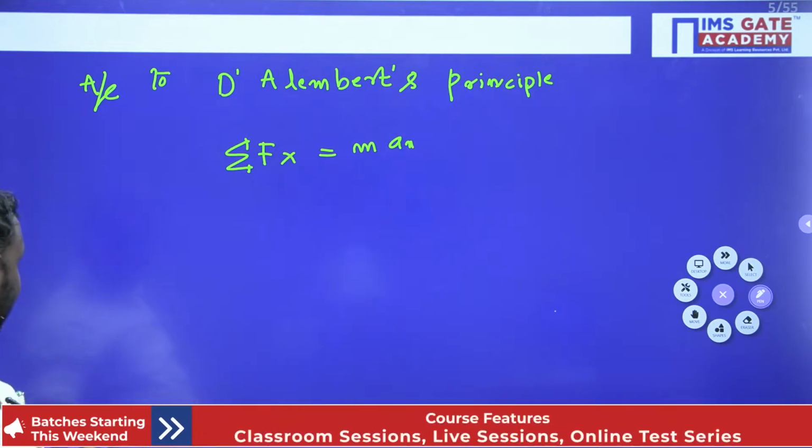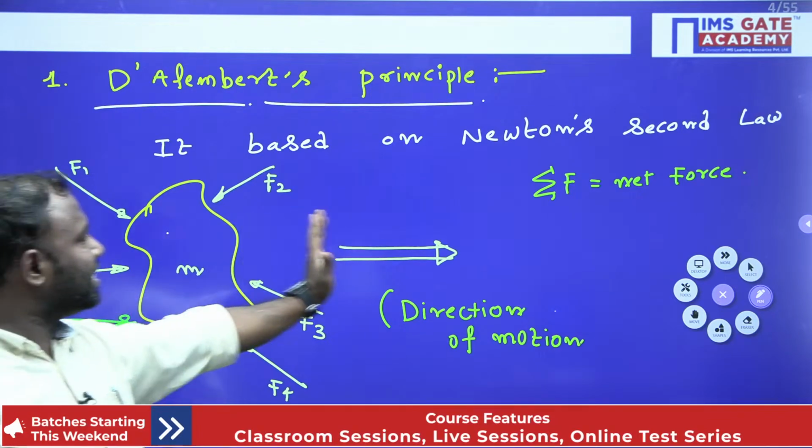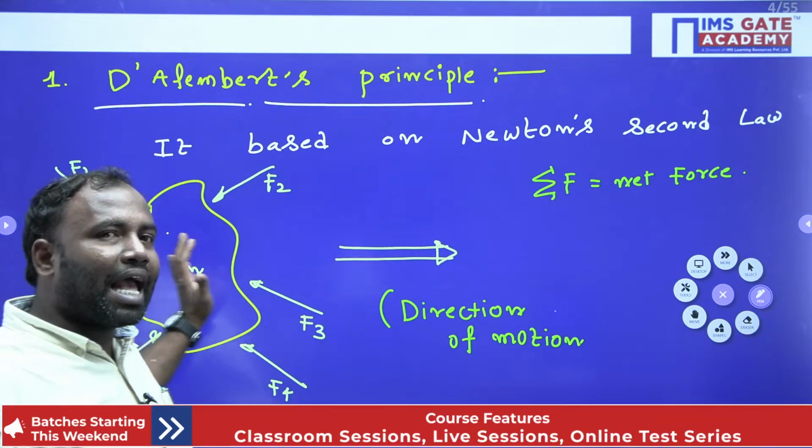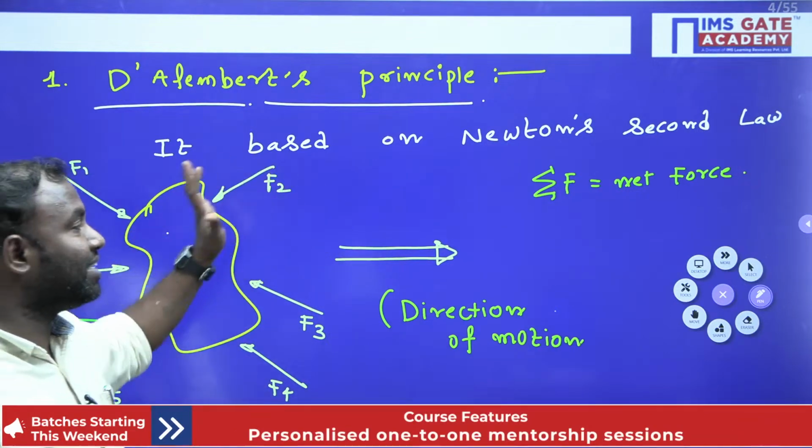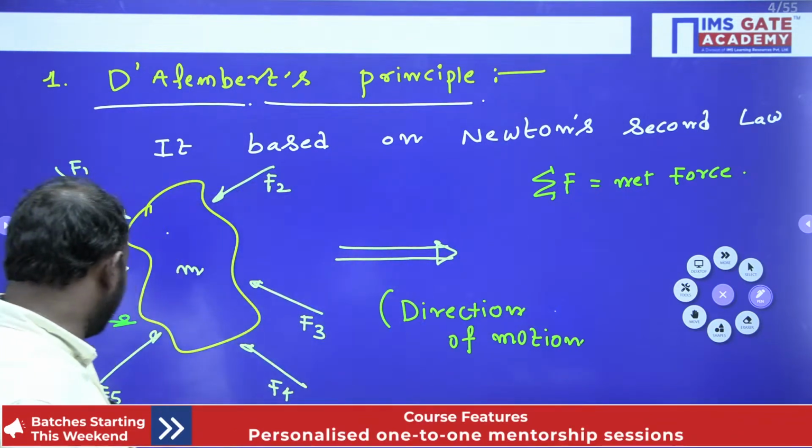Why? Because here we have considered our net force acting in this direction. That is why whatever acceleration of this body is created because of this force is in the x direction only.